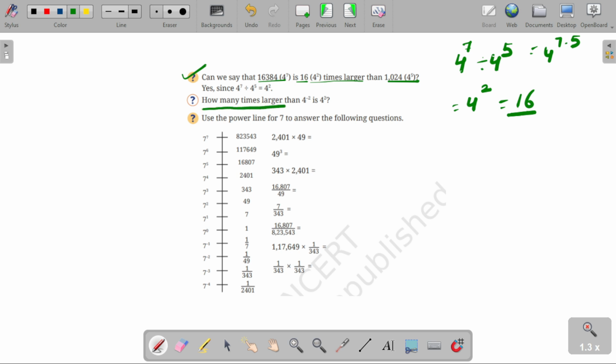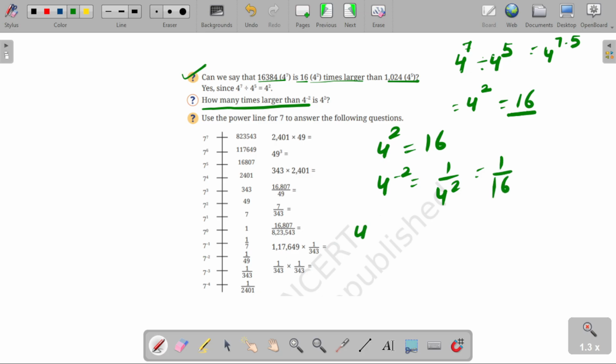Now they are asking a question. How many times larger than 4 to the minus 2 is 4 to the 2? Fine. See, 4 to the 2 means 16, and 4 to the minus 2 is 1 upon 16.